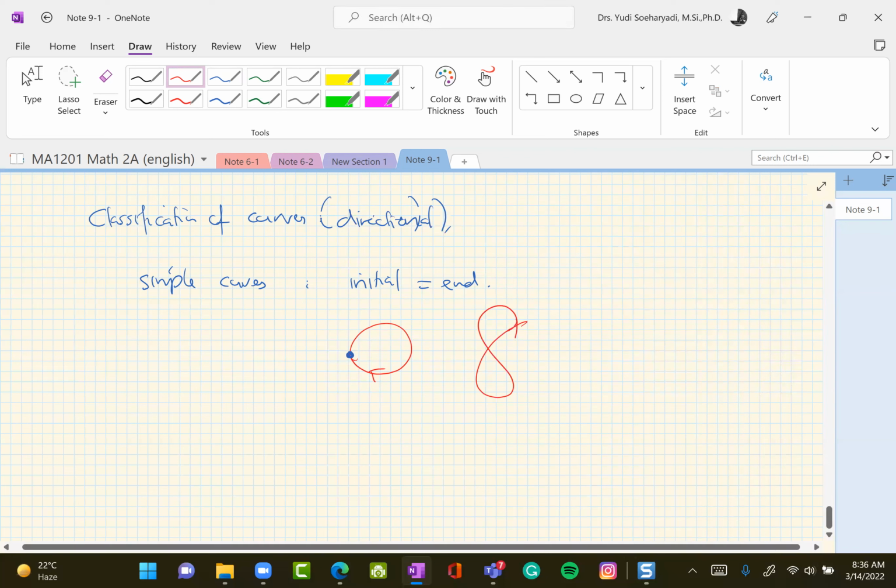Sorry, initial equals endpoint. This is simple. This is a closed curve also.